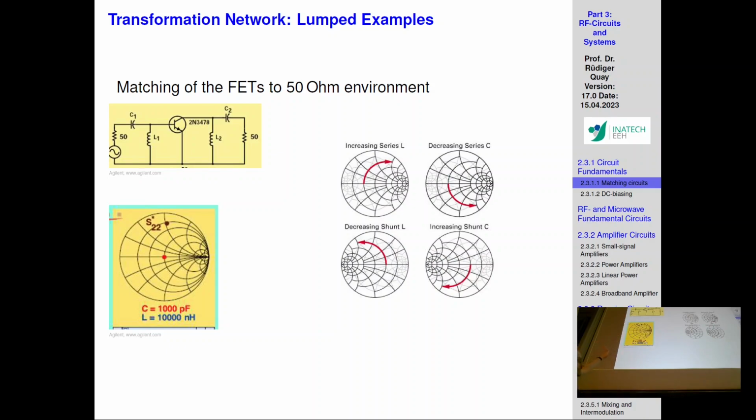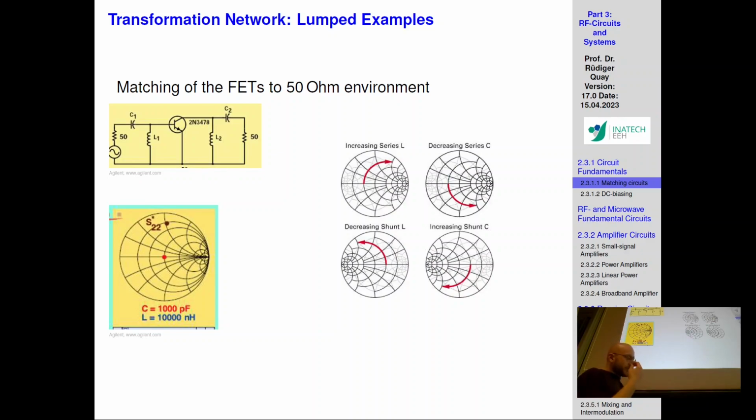When you have, for example, a network, a transistor, that is usually in the lower left part. It has a low capacitively loaded input or output impedance. The input impedance can be inductive, that's true, but the output impedance, let's say, is around 7 minus something J, an imaginary value.